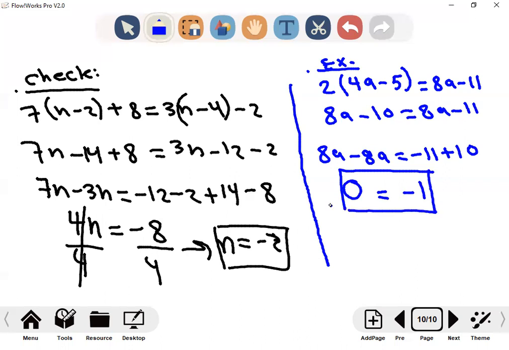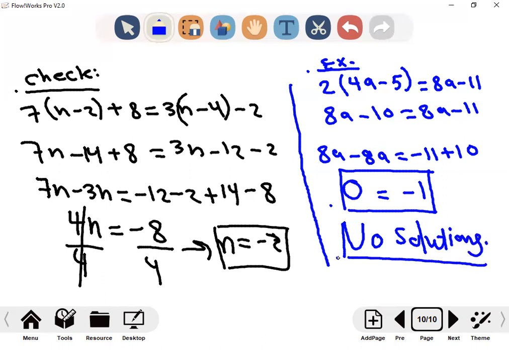So 0 can be equal to negative 1? Are these two numbers equal? In this case, we say no solution.